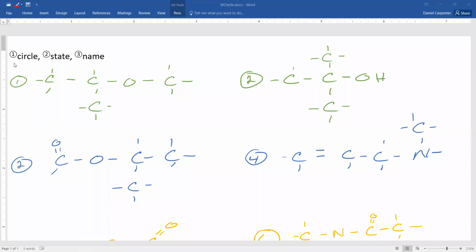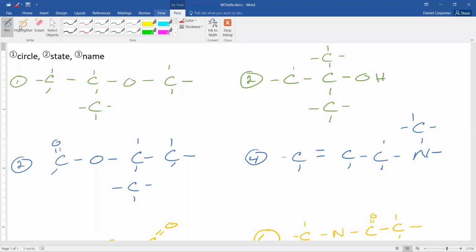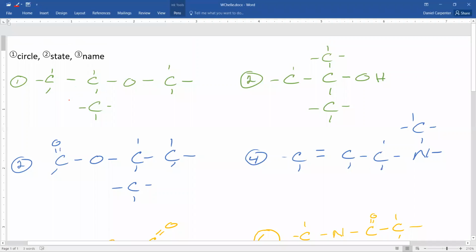All right, same thing as we've been doing. Circle state and name. Circle what's wrong. Different, I mean, it's not wrong, it's just different. And then state what that is that's different. And the reason I want you to circle and state is that way people are much more likely to actually see what's going on.